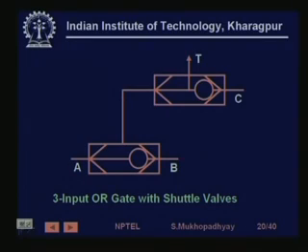So at this point you have pressure applied when it's A or B, and then that is applied to one port. So finally the pressure is applied to the system when you have A or B or C. So it's a 3 input OR.